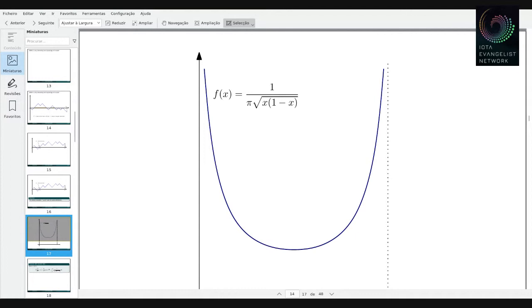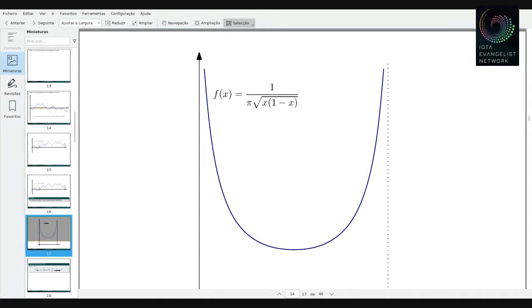So I'm now going to show you the so-called arcsine law. And before this, I would like to show you the graph of this function. f(x) is 1 over pi square root of x times (1 minus x). So it's a function like this.